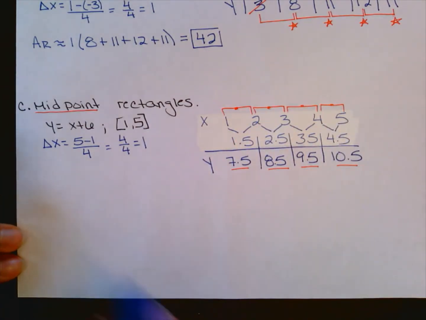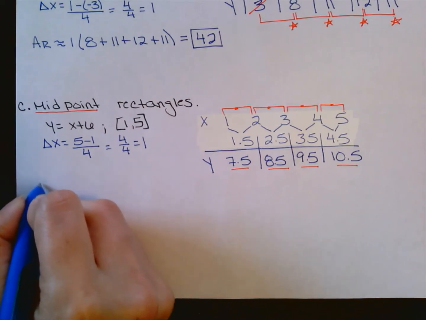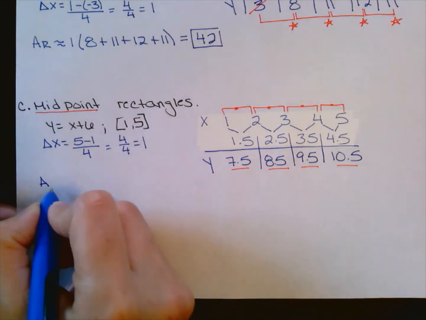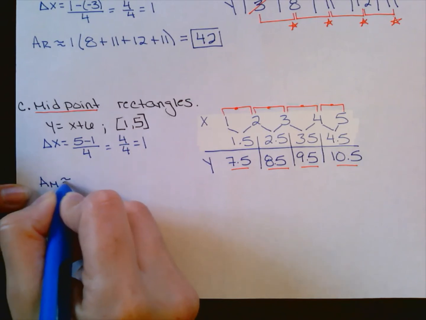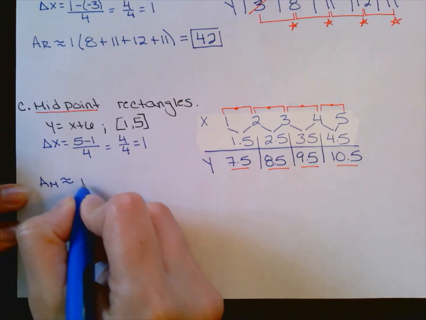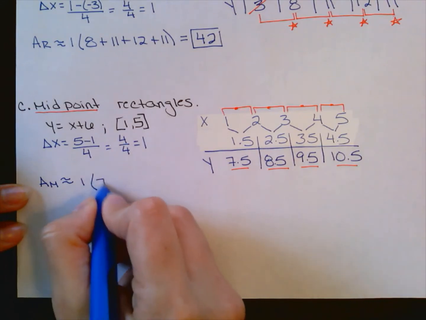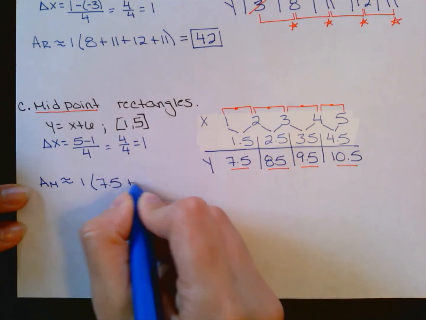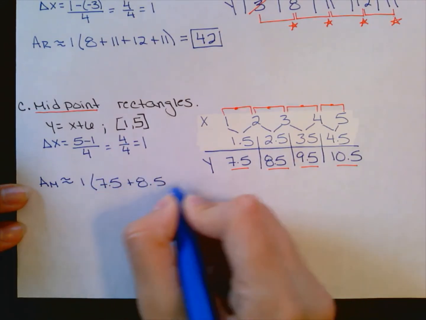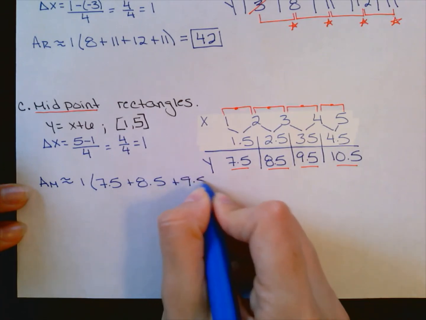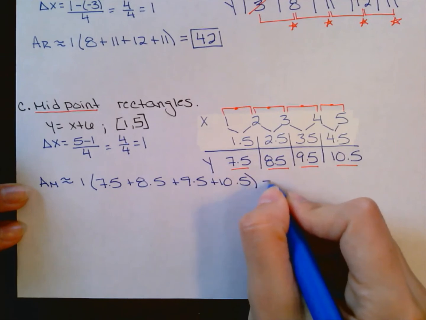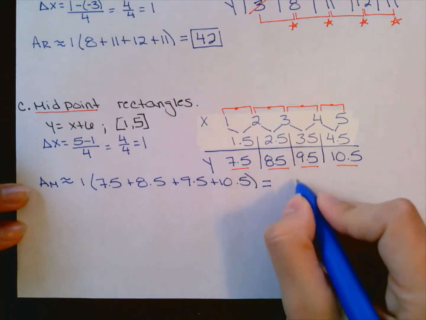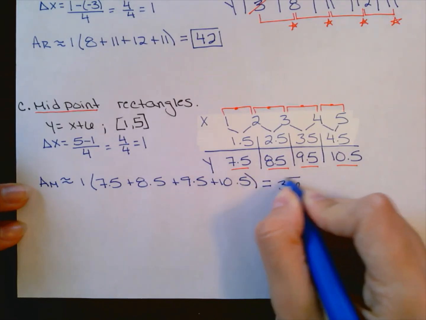Okay? So when I go to solve this one, my area, according to the midpoint, estimated, my delta x is 1, times, add up my y values, right? This is going to give me 36.